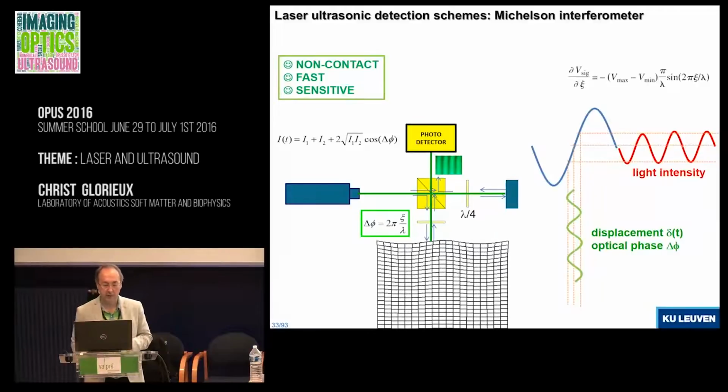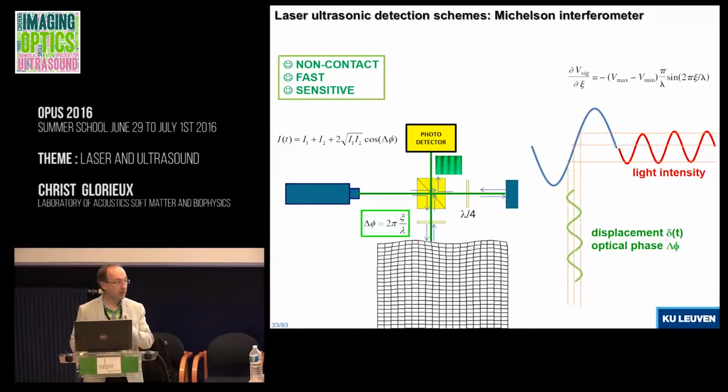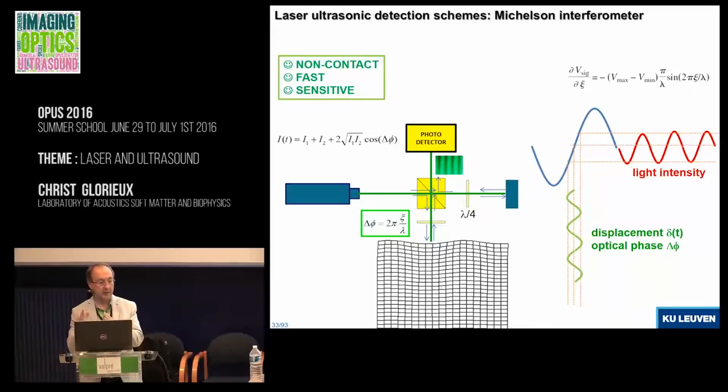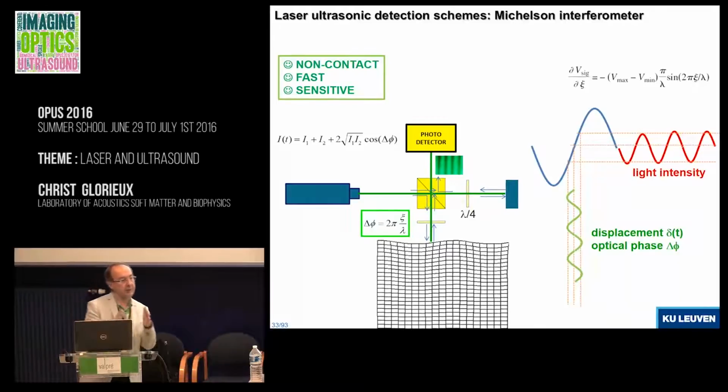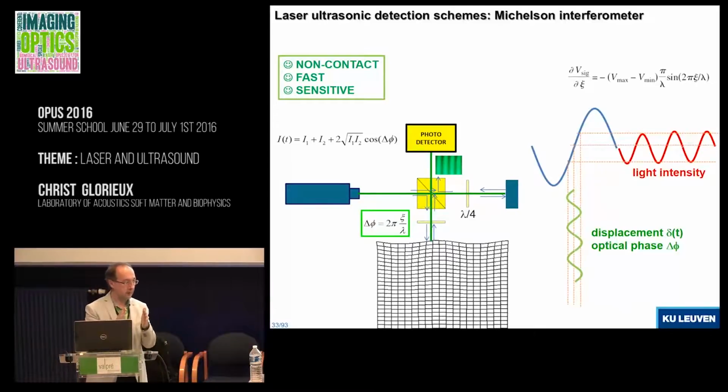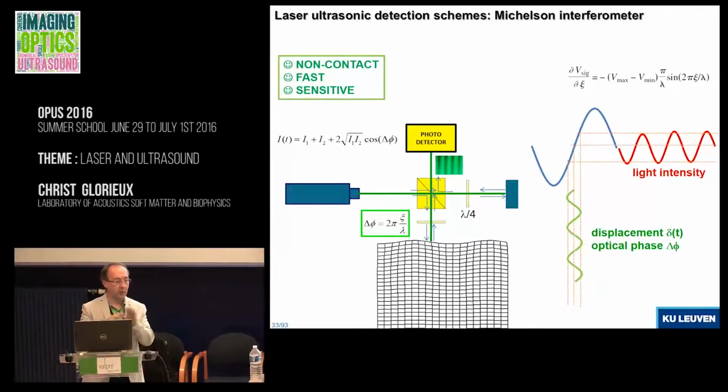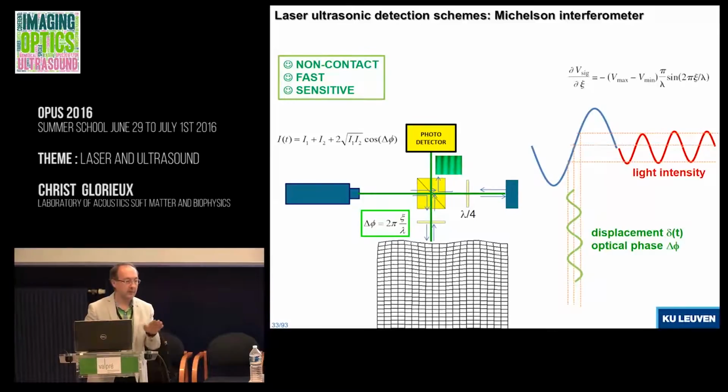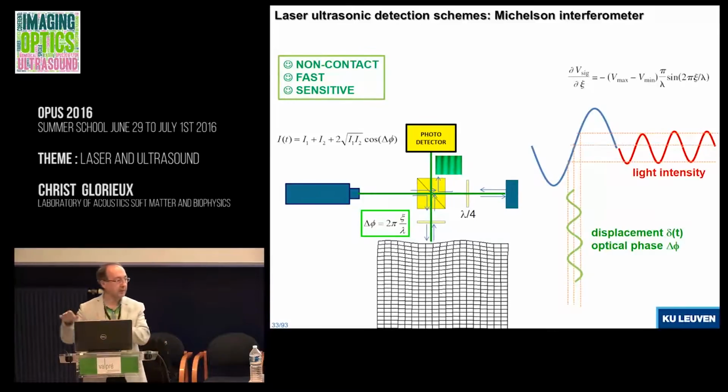How do you remove them? By having this feedback system where you put this Pockels cell or mirror. For example, if the interference pattern is going to the right, your electronics is pushing it back to the left by moving, or the Pockels cell will change refractive index and you can stabilize. You only stabilize for the low frequencies, which are not your signal. You don't stabilize for the high frequencies, which are your signal.